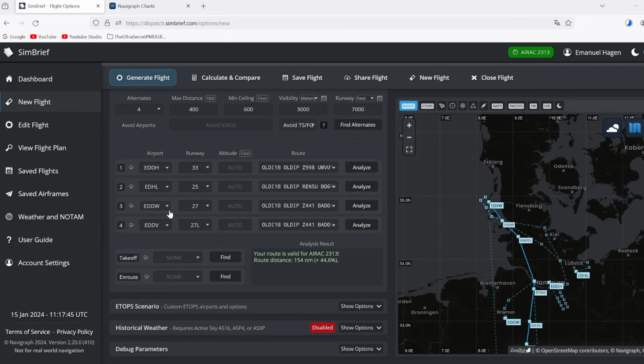Now, if we have a look into the minima, we need to understand a difference between instrument approaches. There's two different types of instrument approaches. That's type A and type B instrument approaches.